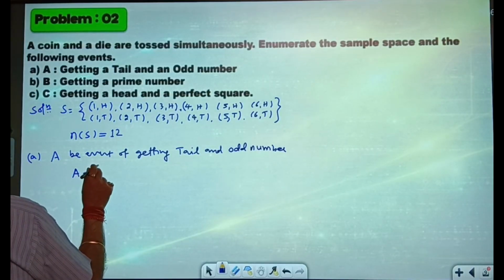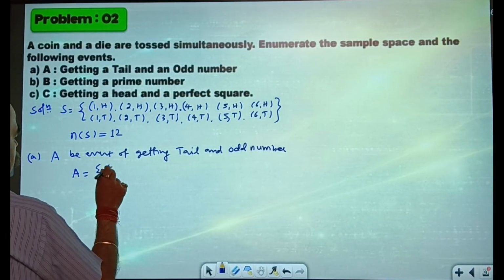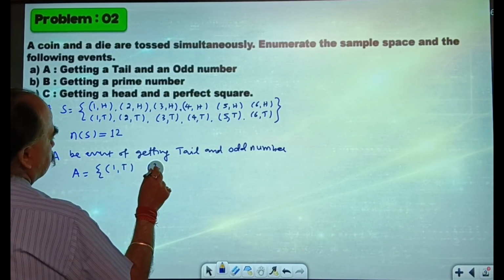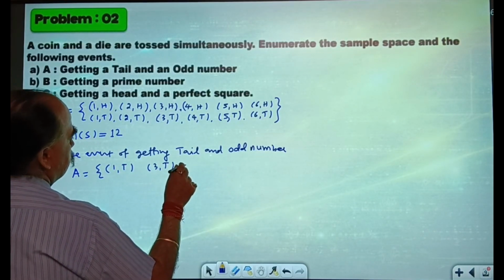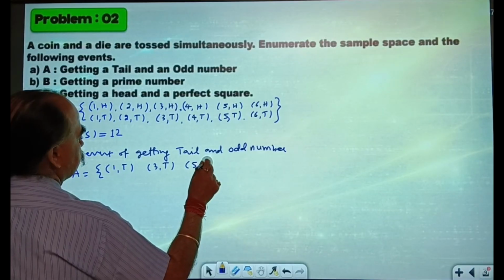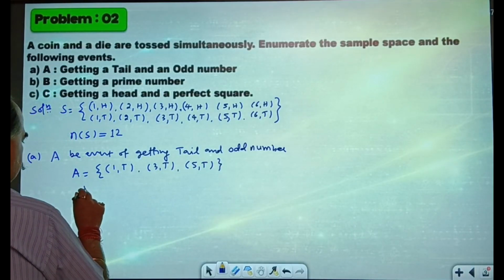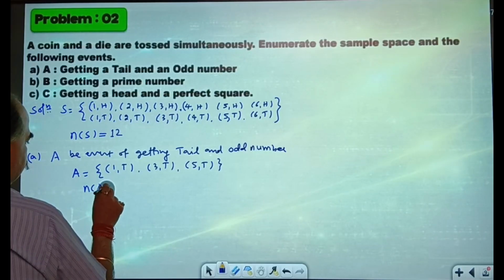A will be what? 1T, 3T, 5T. n(A) is what? 3.